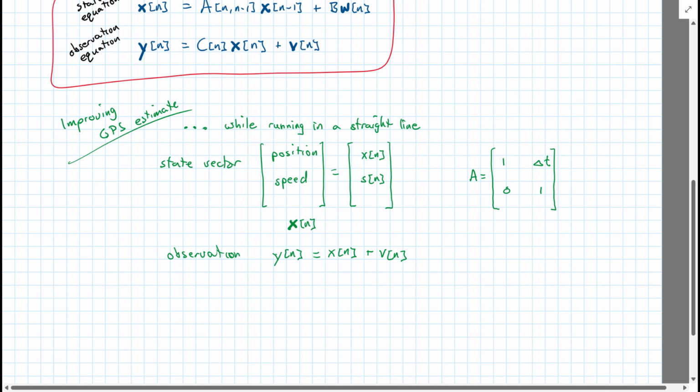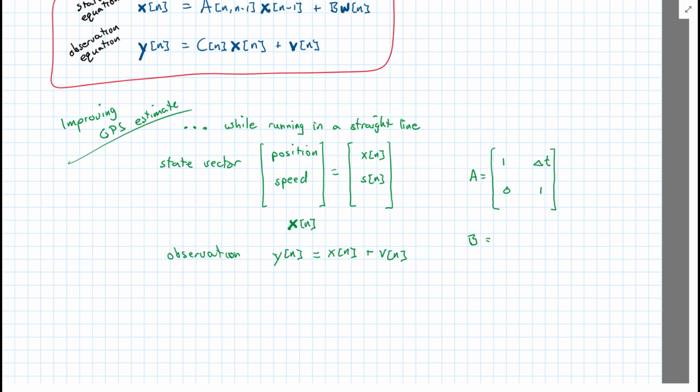Okay, so then what B is our matrix multiplying W. What does it look like? This can be defined in several ways. In this particular way, we're going to assume W is a scalar and it's multiplied by 0, 1.